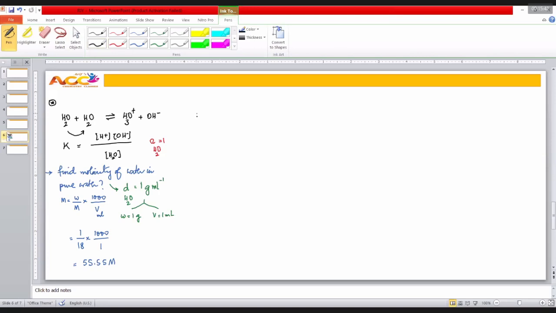This is capital K. What is that K? This is known as the dissociation constant. This is known as the ionization constant. And if, for example, you are taking this to be the dissociation constant, better to say ionization constant, into the concentration of water, it is a constant. Now, the word is called dissociation constant or ionization constant because we are ionizing the water molecule.